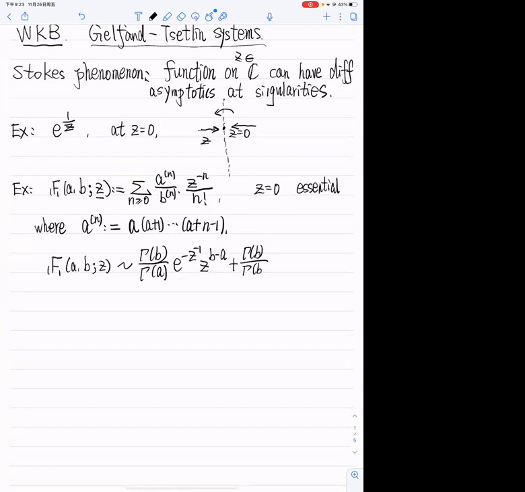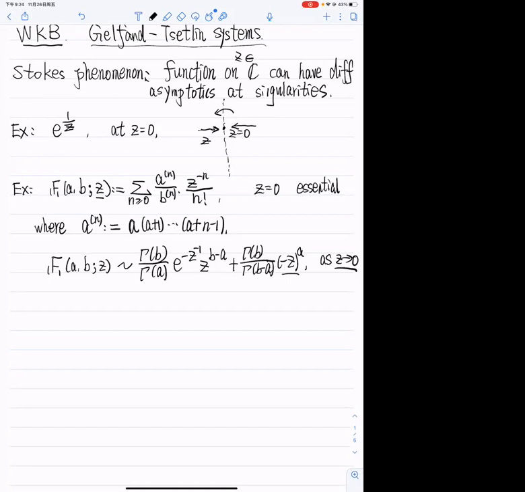Here gamma is simply Euler's gamma function. As z goes to 0, with some chosen branch of log z, since here we take z to the power of a.